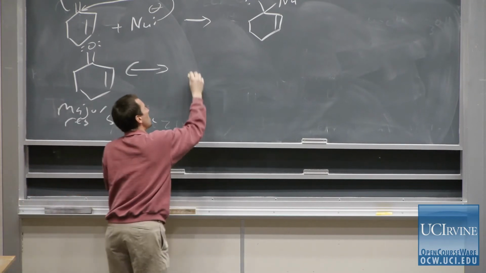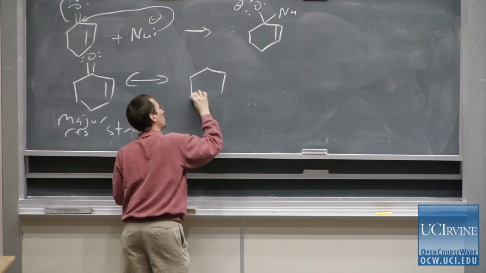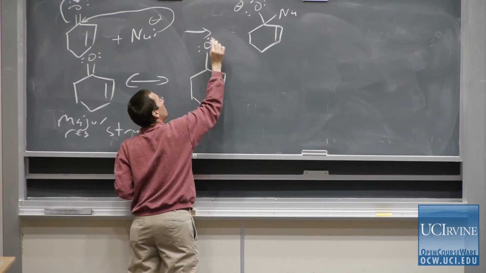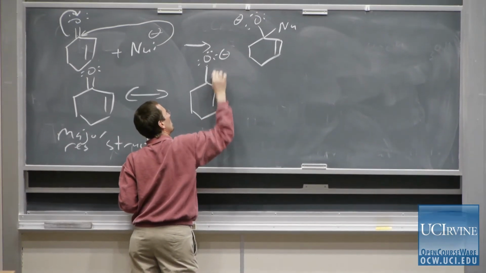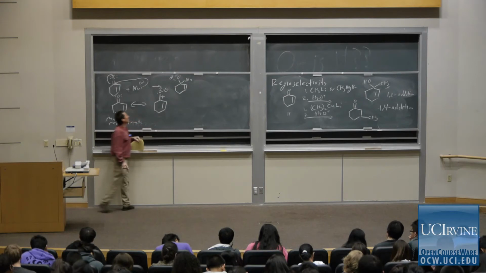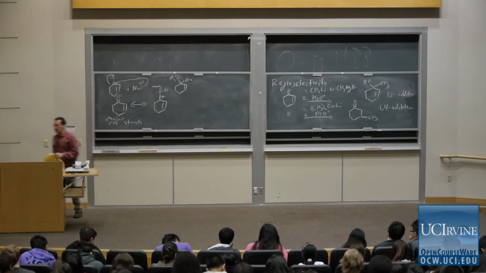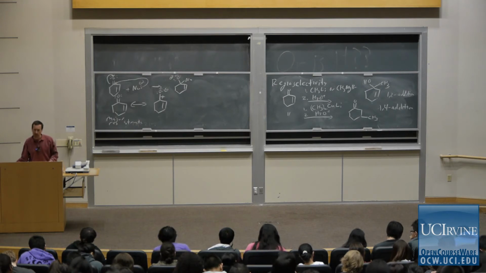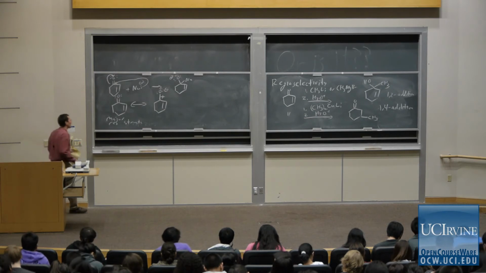And then I can write a second resonance structure that reflects the polarization of the bond where the carbon doesn't have a complete octet. And it's not as important a resonance structure because a resonance structure in which the carbon doesn't have a complete octet is less of a contributor.